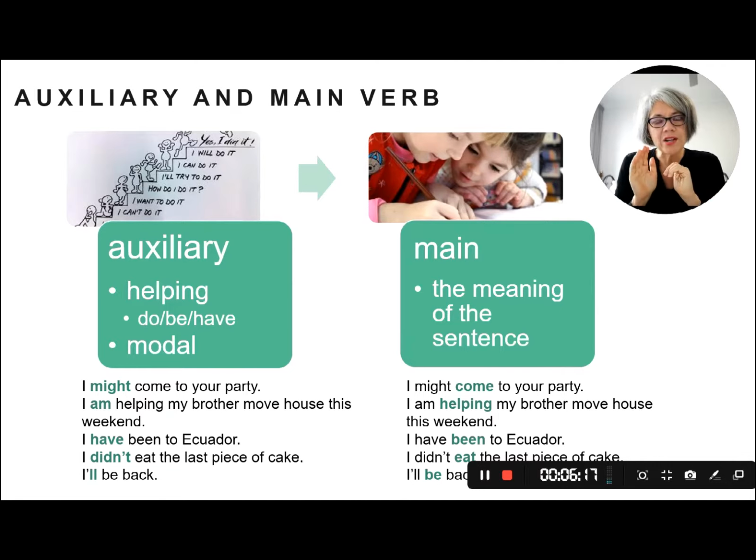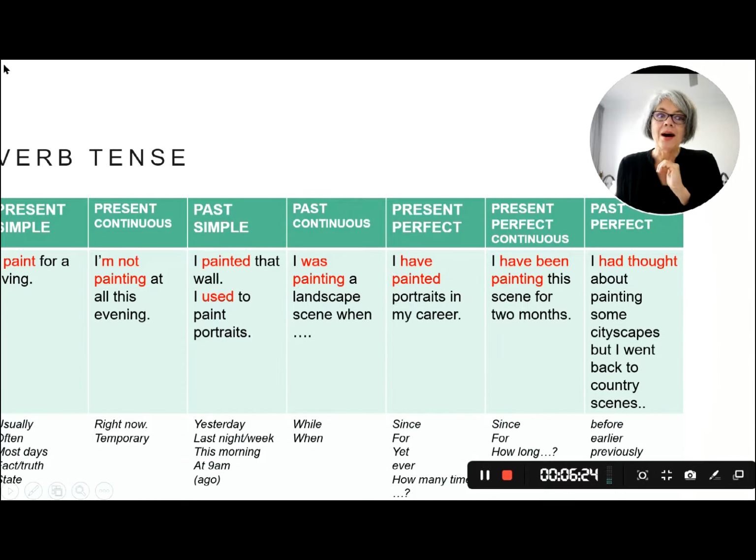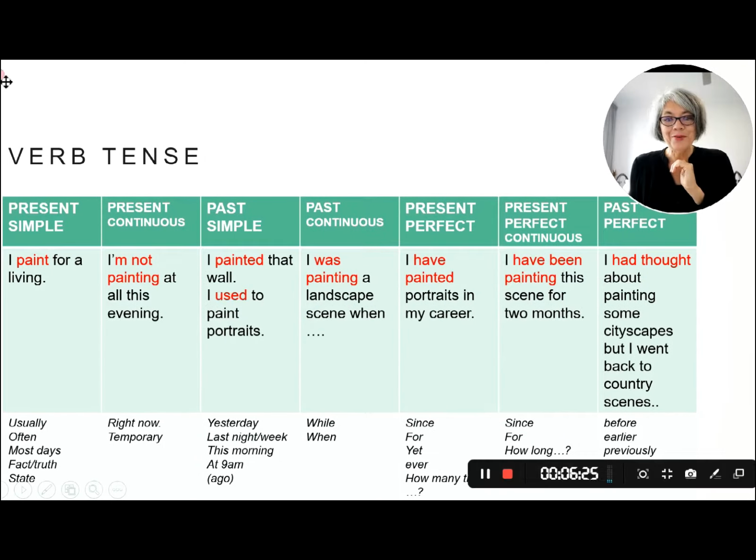And in the boring grammar books, the helping verb is called auxiliary. Now, I cannot teach verbs without reminding you in English, you're always changing the verb form to match the tense. But that will be in another video. So you can pause this one now if you want to see some of the differences in the verb tense.